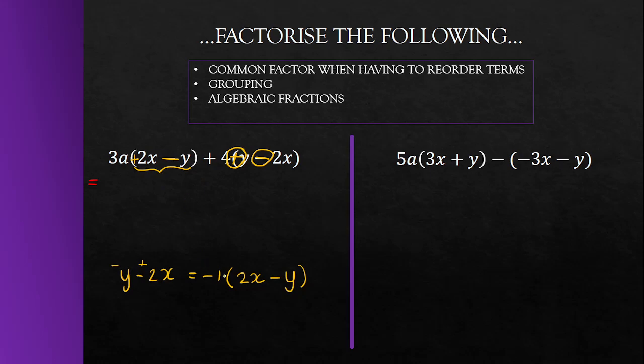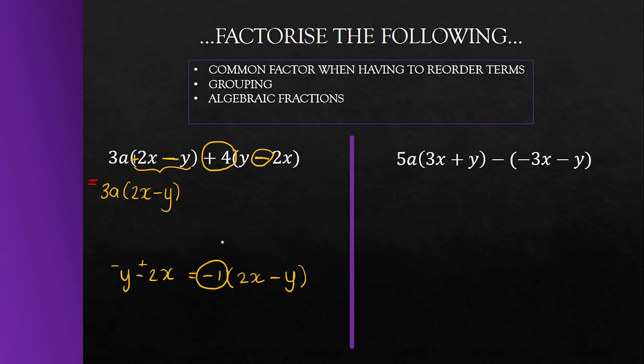But now the question is, what is happening with this -1 and this original +4 that is sitting in front of that bracket? Well, what do you think happens? If you thought multiplication, you are 100% correct. So I'm going to rewrite this. It becomes 3a(2x minus y).